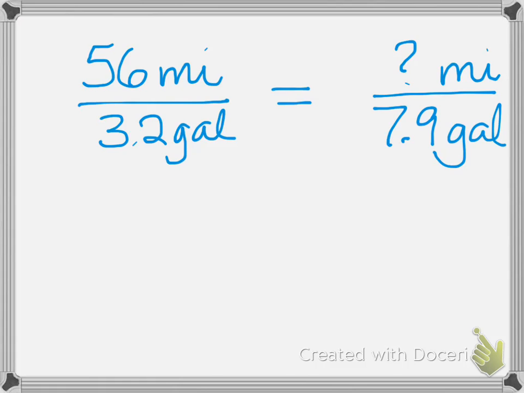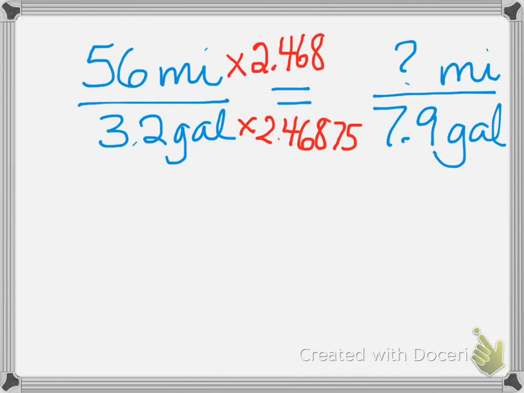And so we've just figured out that the number that we need to multiply by is 2.46875 if you divide it on out, okay? And so we have to multiply the top number by that number.